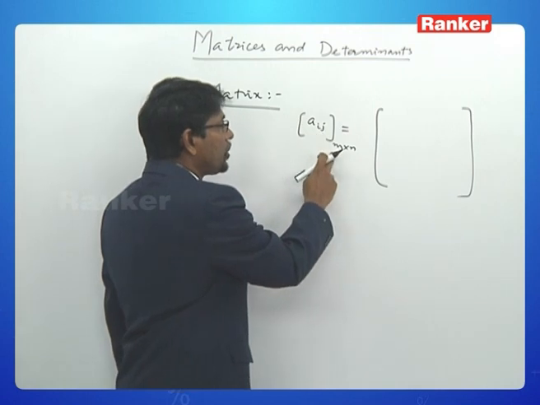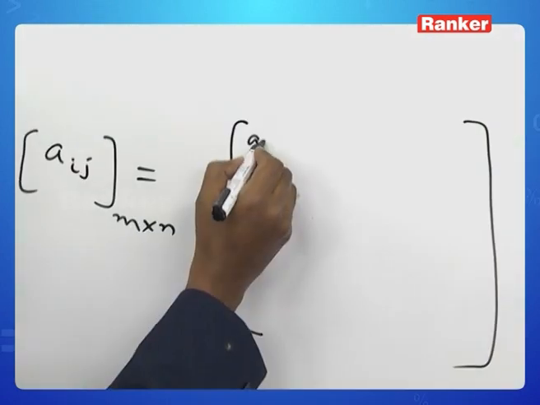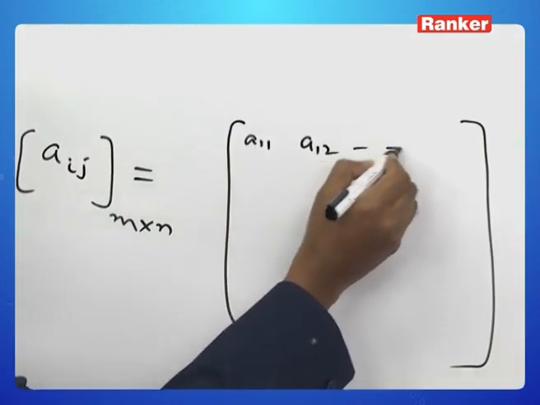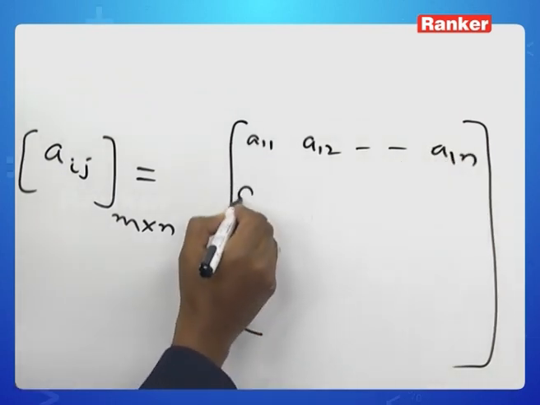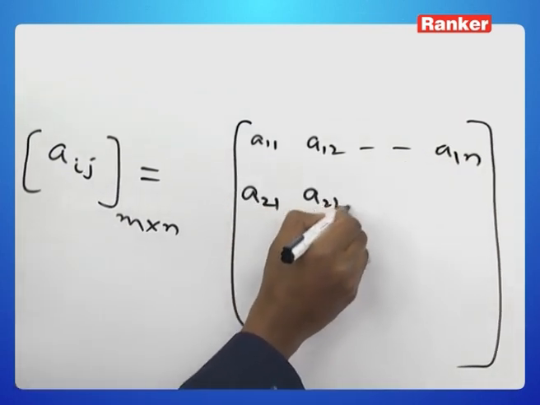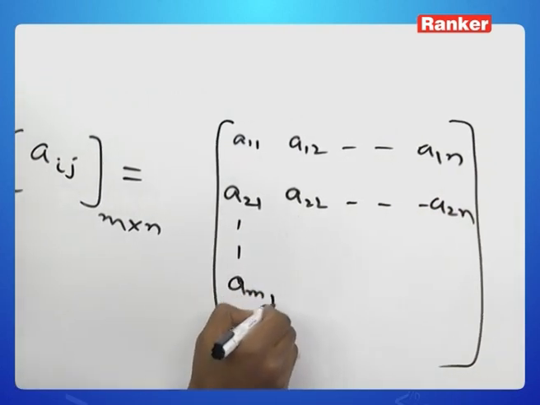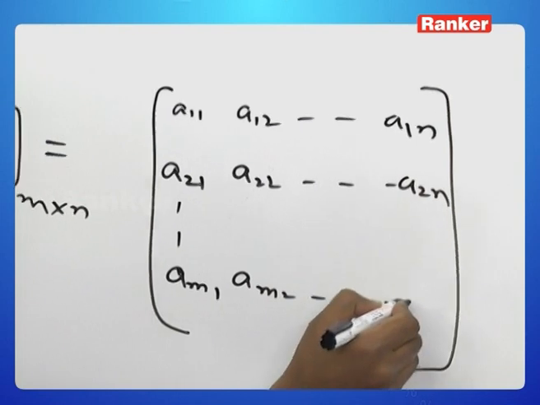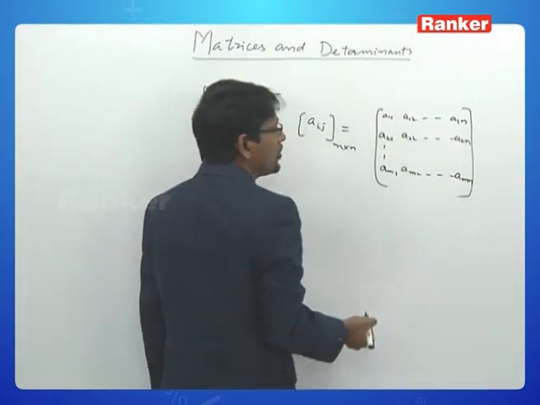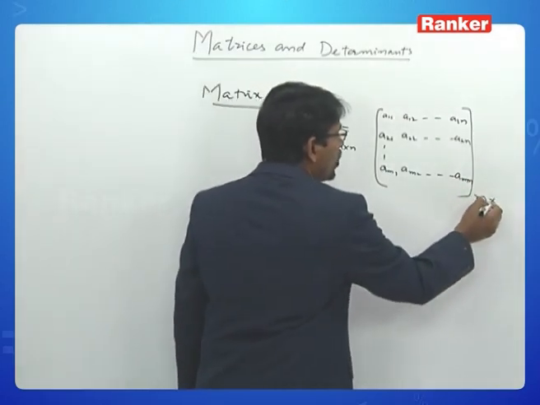I ranges from 1 to m, that is, we write like this: A11, A12, and so on, A1n; A21, A22, and so on, A2n; Am1, Am2, and so on, Amn. This has m rows.